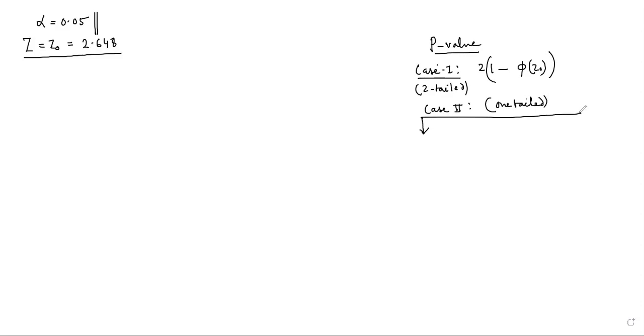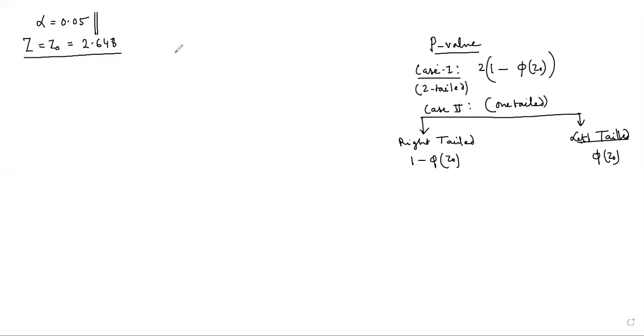So we have got the formula for right-tailed and left-tailed. For right-tailed, the formula is 1 minus phi z0. For left-tailed, the formula is phi z0.